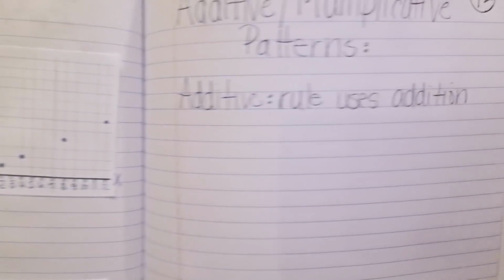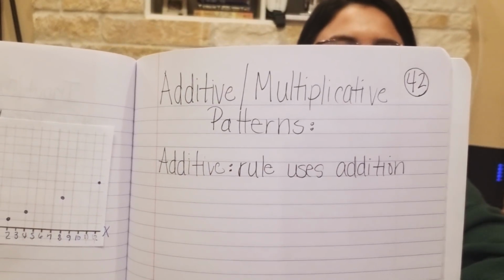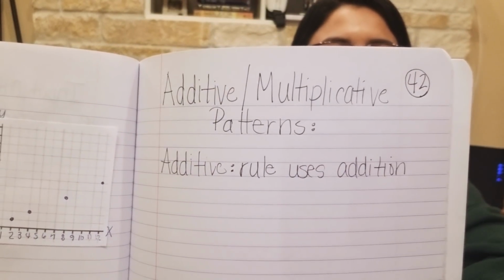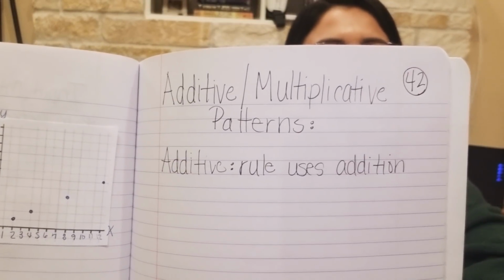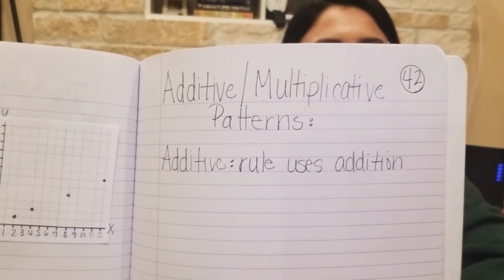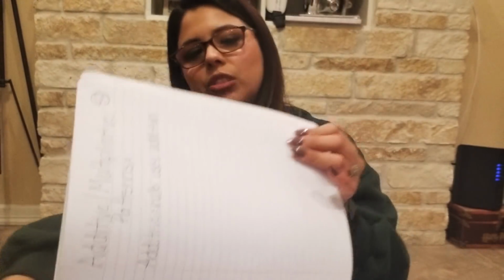So on page 42, I'm going to start off by putting my title, Additive Multiplicative Patterns, and then I'm going to write additive: rule uses addition. And then I'm just going to give it a little example of that one, and then we'll do the same thing for multiplicative. Okay, so pause the video and just make sure you have that written down.